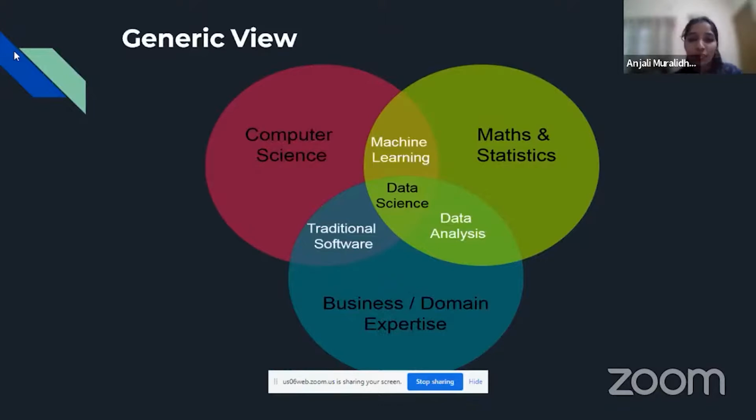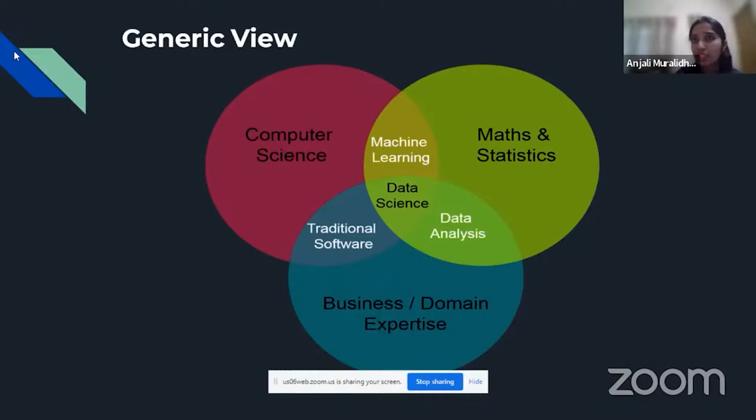So this is a generic overview. We need to have knowledge about the computer science part. Then we need to have knowledge of data analytics, which involves math and statistics. And then we have machine learning.